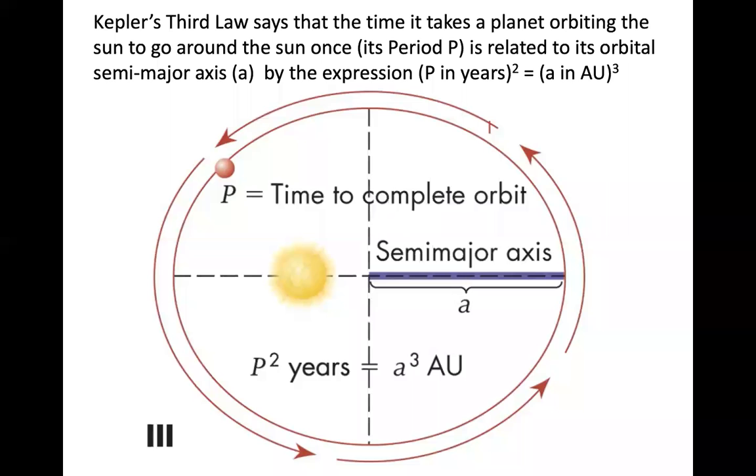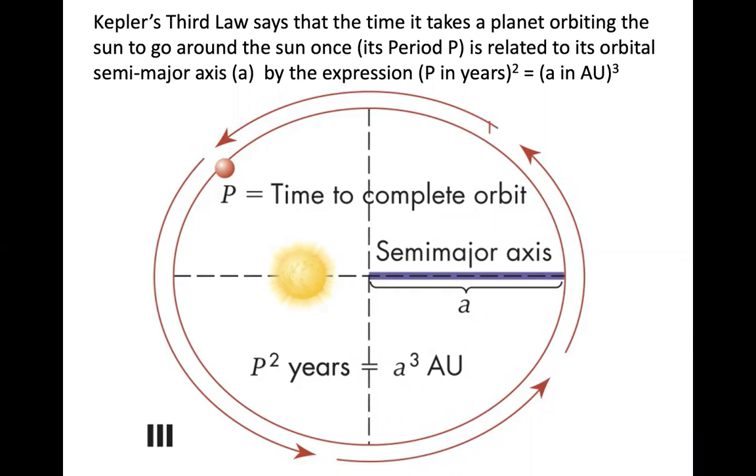Now, the final law, Kepler's third law, is more about the average motion of these things. It relates the total time that it takes for the planet to complete an orbit to the size of the orbit.